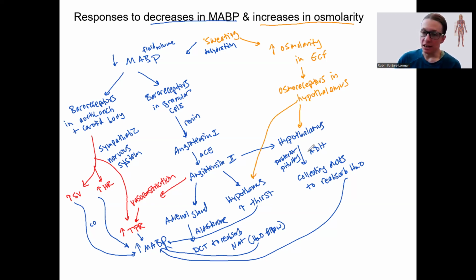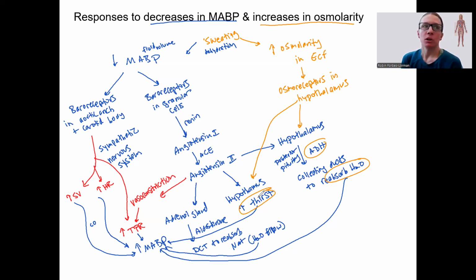So production of ADH to reabsorb water and increase thirst. You don't want the other responses, especially you don't want an increase in aldosterone because you don't want to reabsorb more sodium. Osmolarity is already high, right?